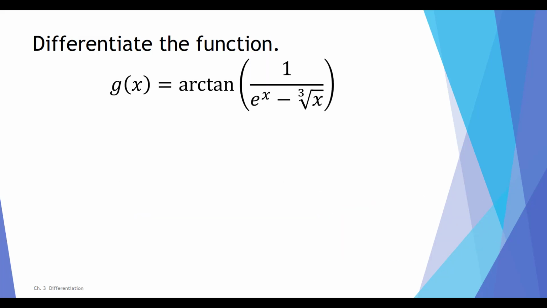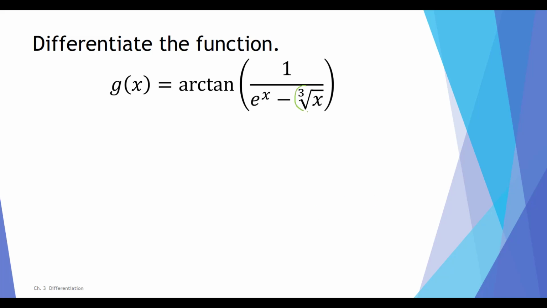Our last example is to differentiate the function g of x equals arctangent of 1 divided by (e to the x minus the cube root of x). Again, I'm first going to spend just a moment rewriting our function g of x.